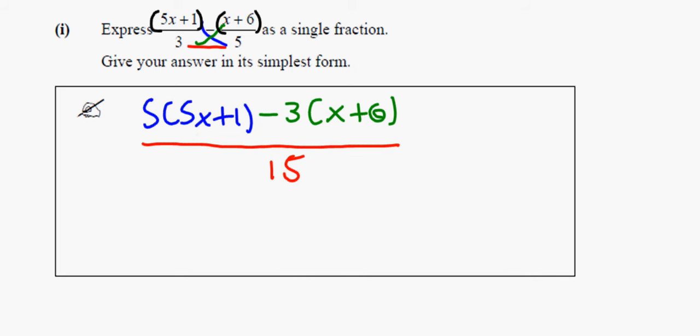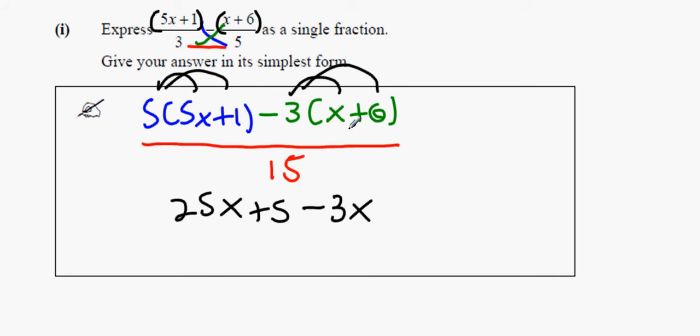Now what we've got to do from here is multiply things out. What we're going to get is 25x plus 5, because 5 multiplied by 5x is 25x and 5 multiplied by 1 is 5. Minus 3 multiplied by x is minus 3x. Minus 3 multiplied by 6 is minus 18.